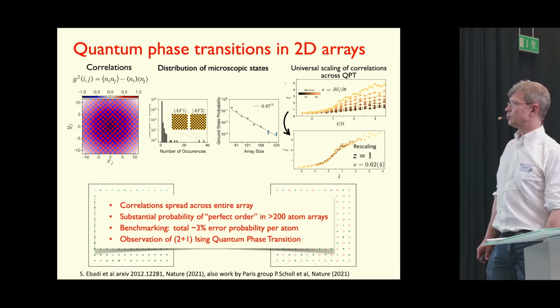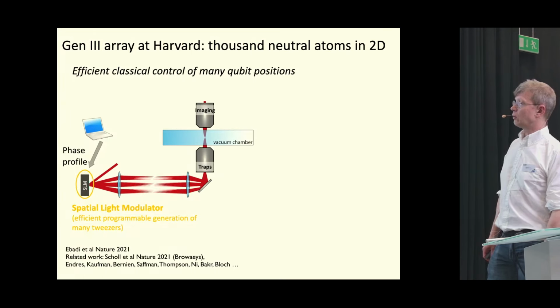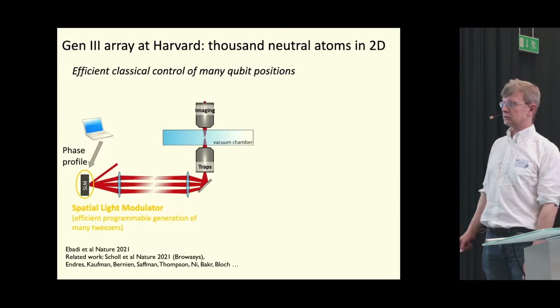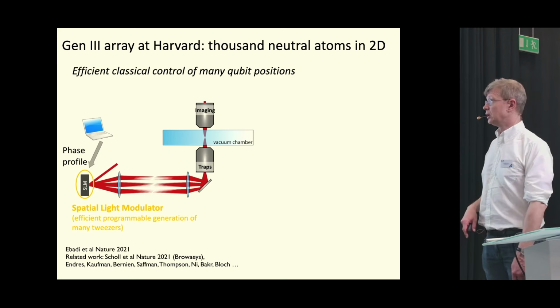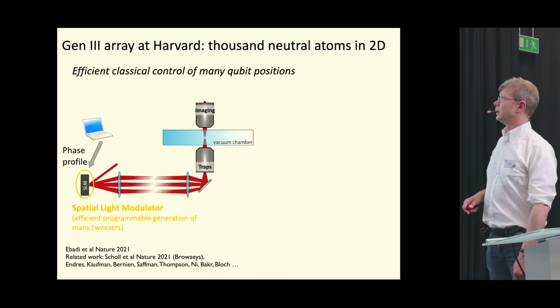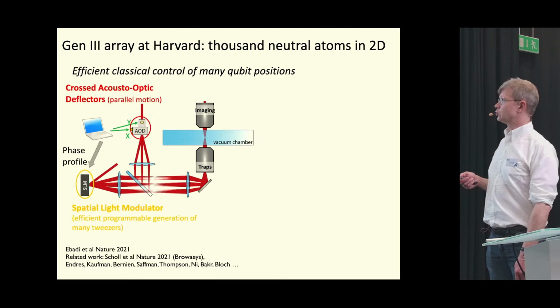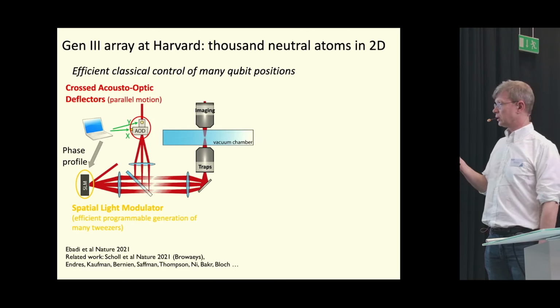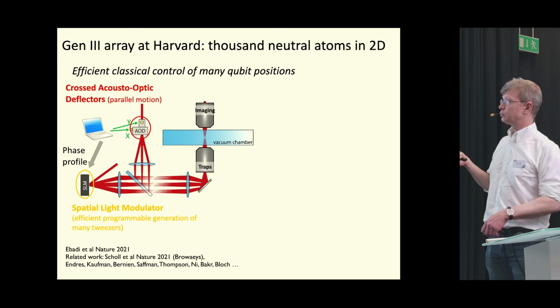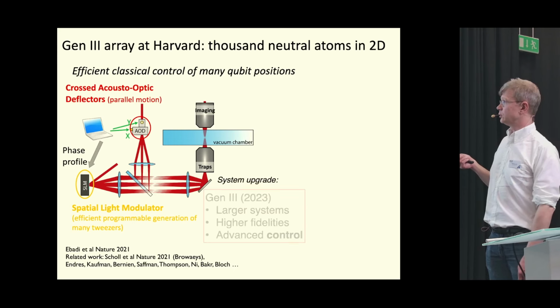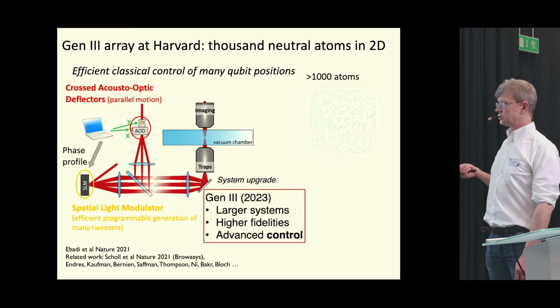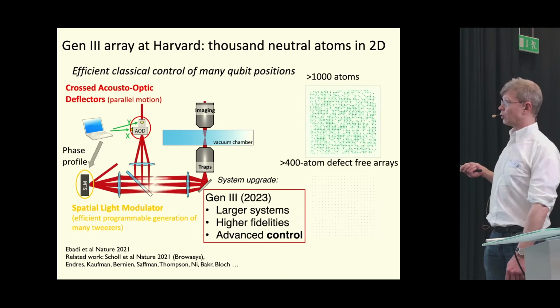The stuff which I will talk about tomorrow will utilize the third generation of the experiments in our lab. In this third generation, we utilize these techniques, SLMs plus these cross AODs, to have larger systems, high fidelity, and much more advanced control.